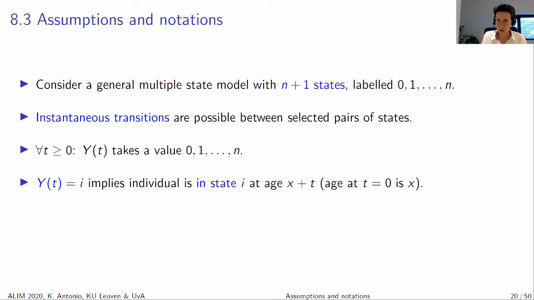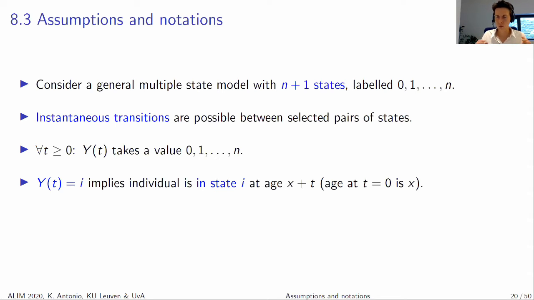And time t here corresponds to age x plus t. So that's a typical actuarial setting, which you all already used in the life insurance mathematics setting. At time 0, we assume that our policyholder has age x. So when we go to time t, we have an x plus t year old, and so on and so forth.